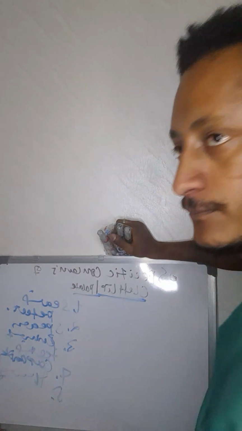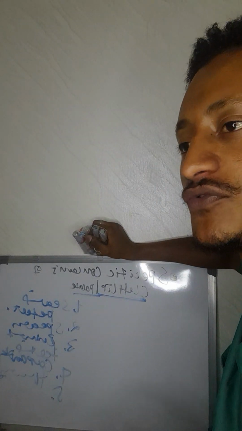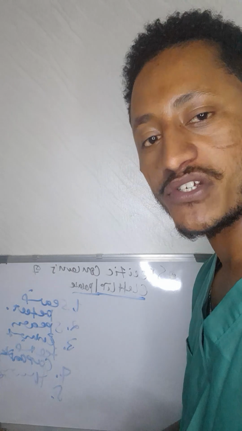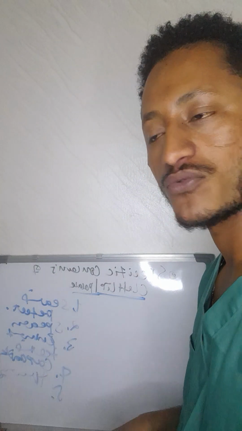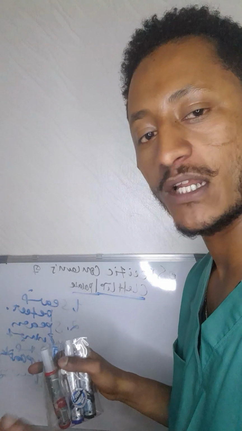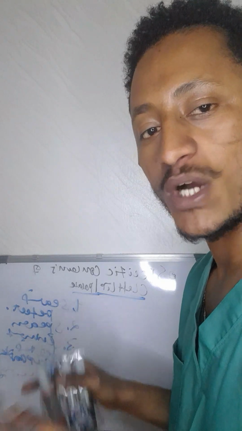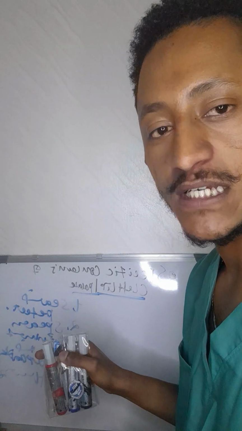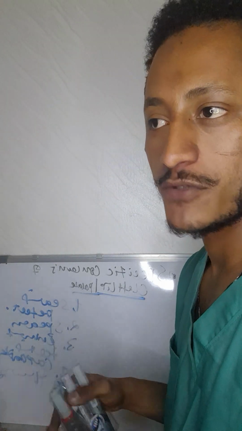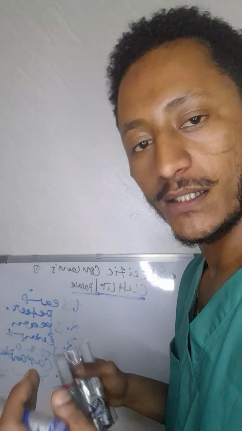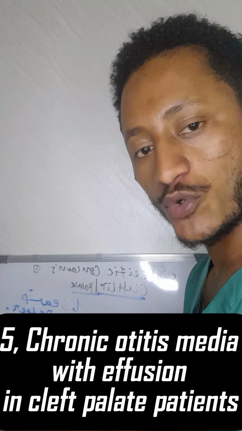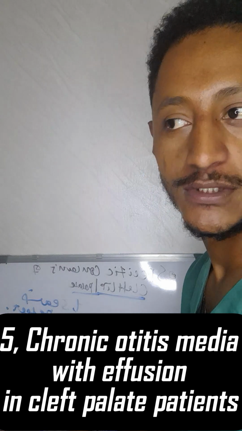And the fifth one: because of the opening and exposure of the eustachian tube, which runs from the middle ear cavity anteriorly into the oropharynx, whatever is happening in the mouth, like feeding, is in close communication with it. The food is a foreign body for the eustachian tube. So the patient will suffer from chronic otitis media with effusion.